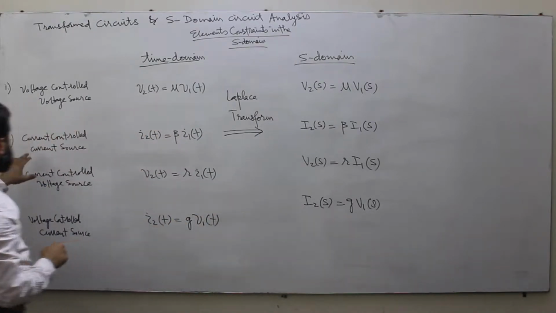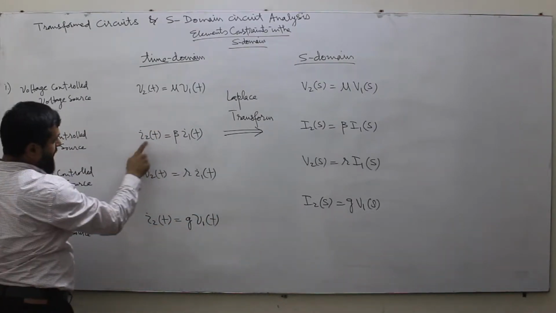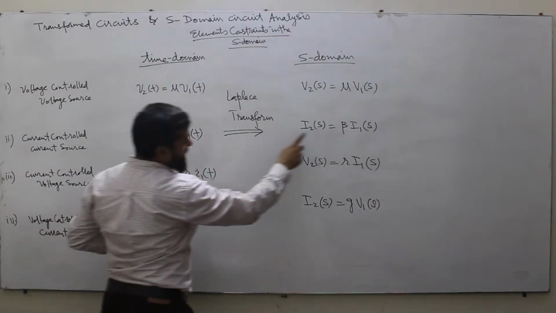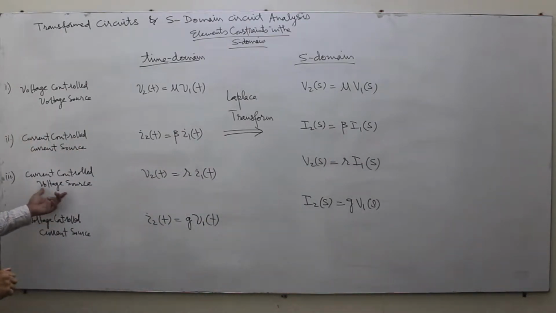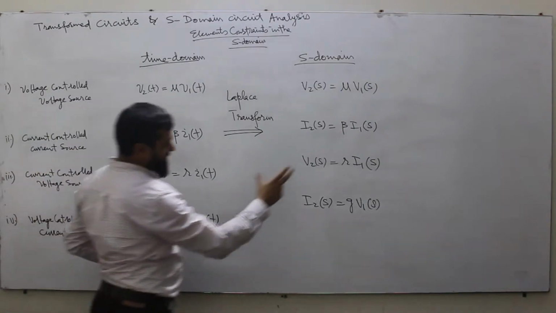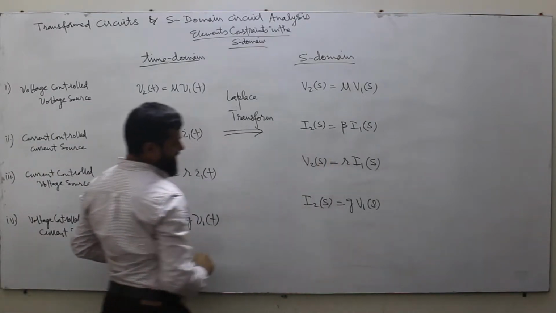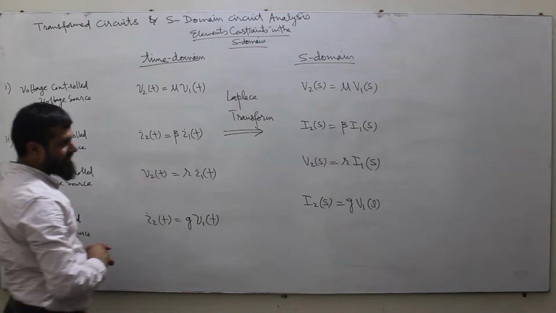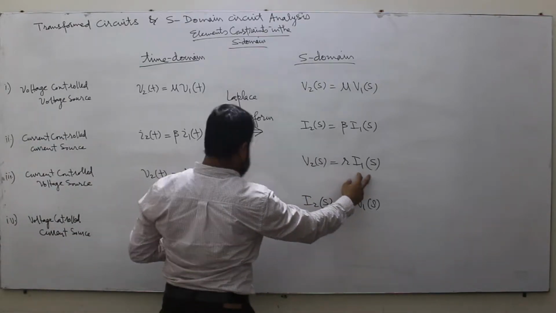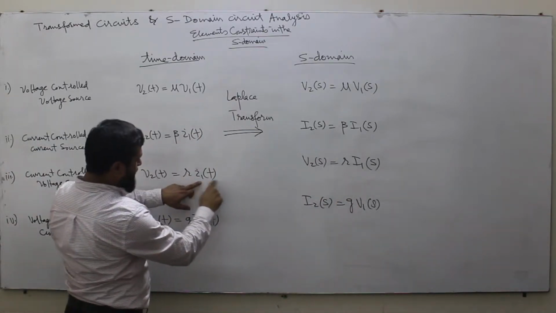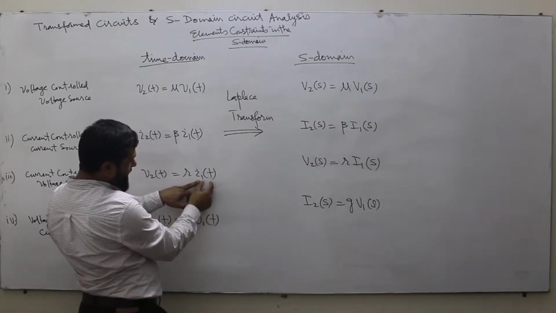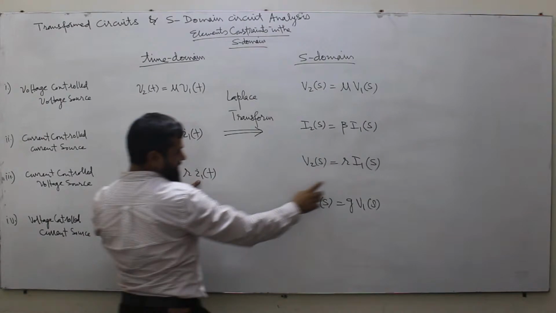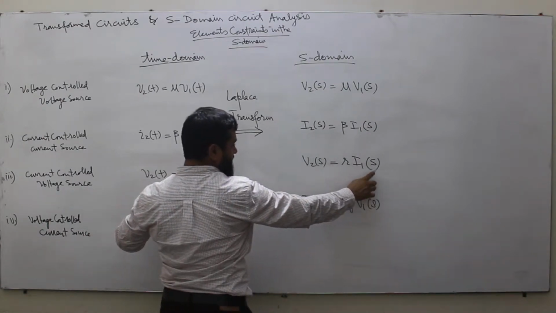Similarly, the current controlled current source will be transformed to this form, and the current controlled voltage source will be transformed to V2 of s equals R times I1 of s, where we can clearly see that this current and this current only differ in that this is time dependent and this is s dependent in the S-domain.